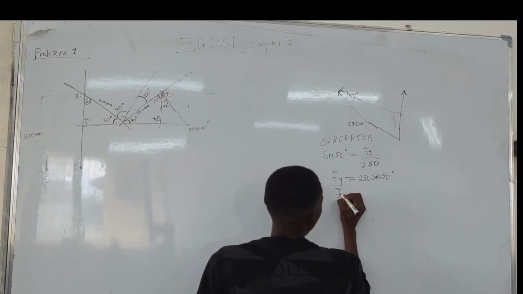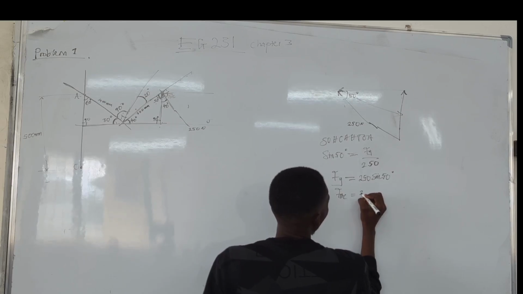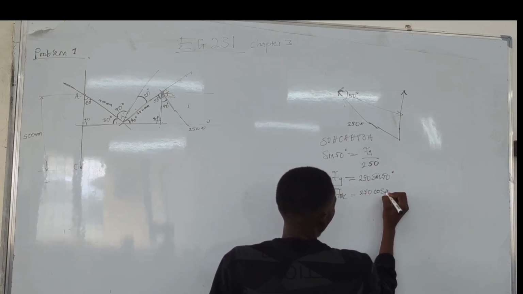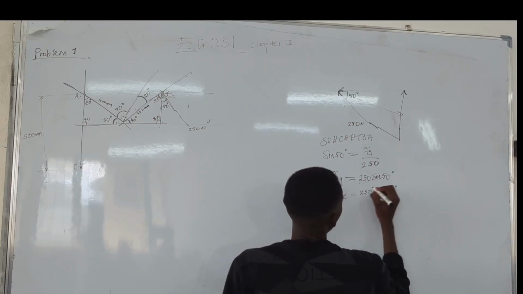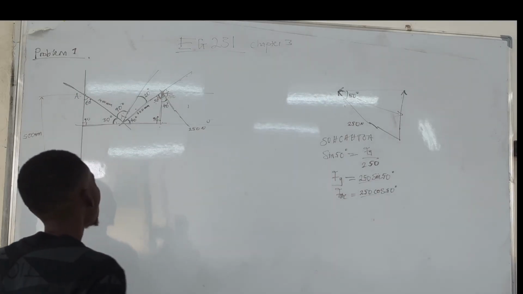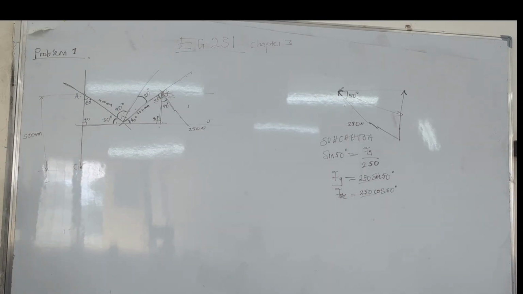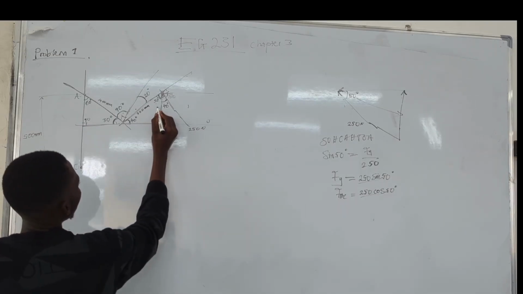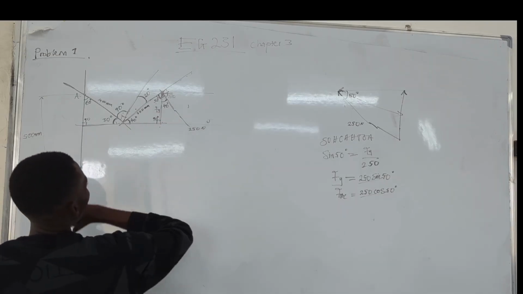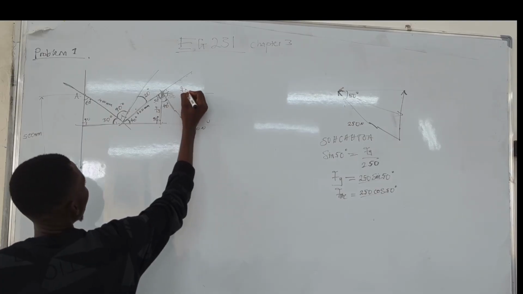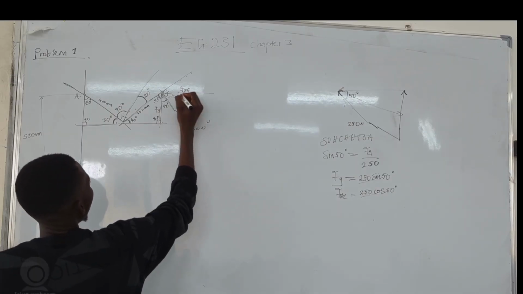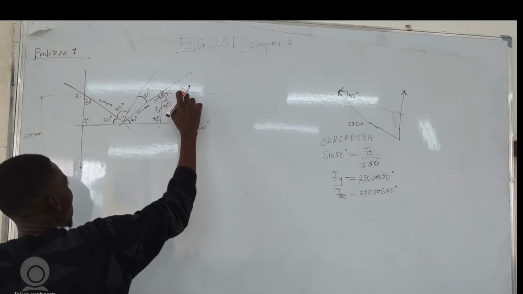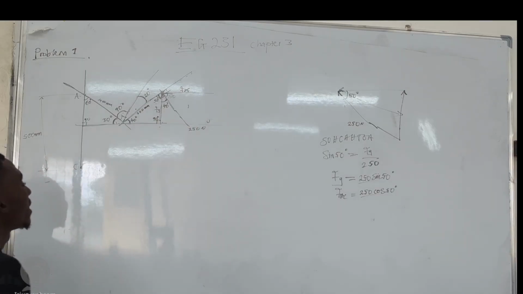So the component in the x will be what? 250 cos 50 degrees, as simple as that. So for this question, we have found the component of the force in the y and the component of the force in the x.